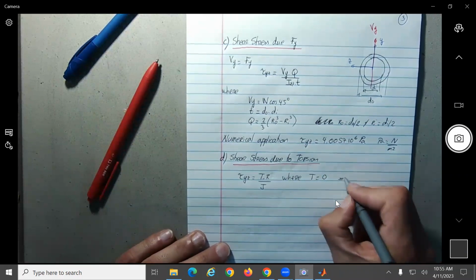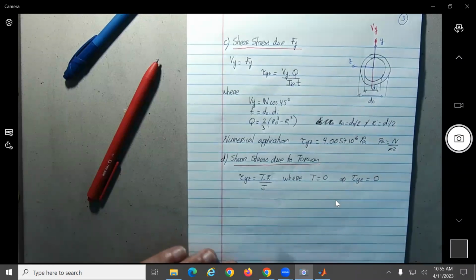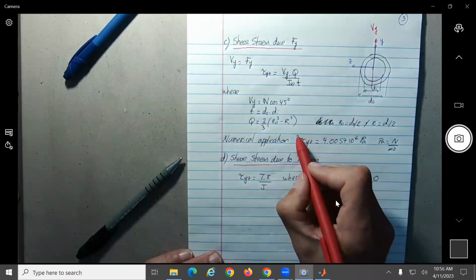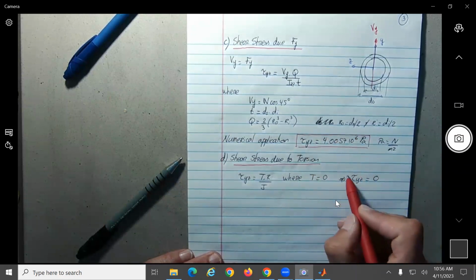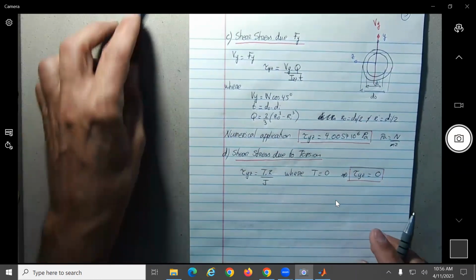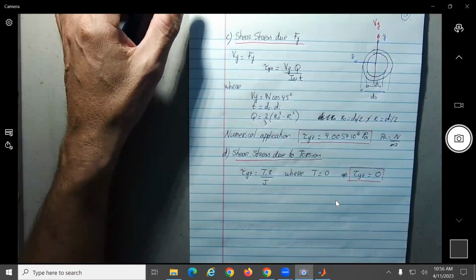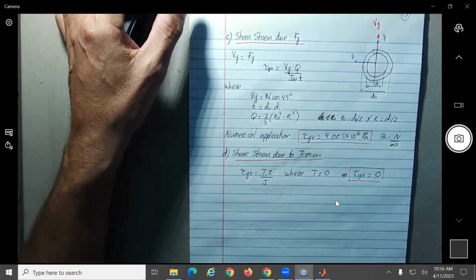So that means that basically the tau YZ due to torsion is 0. That was 1. Oh, we did, okay. Maybe I should have changed this one.